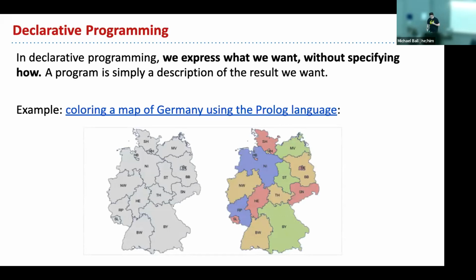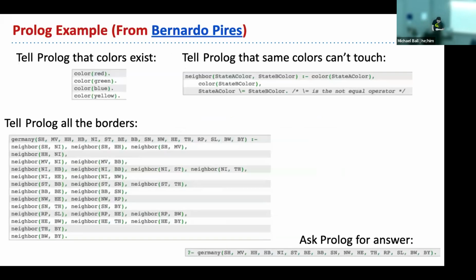So this is a kind of interesting example of coloring a map of Germany, with each different province colored. The program basically takes in a map where everything's gray, and it sets up to try and color the squares. We're not going to explain how or why this works, but this uses a language called Prolog.